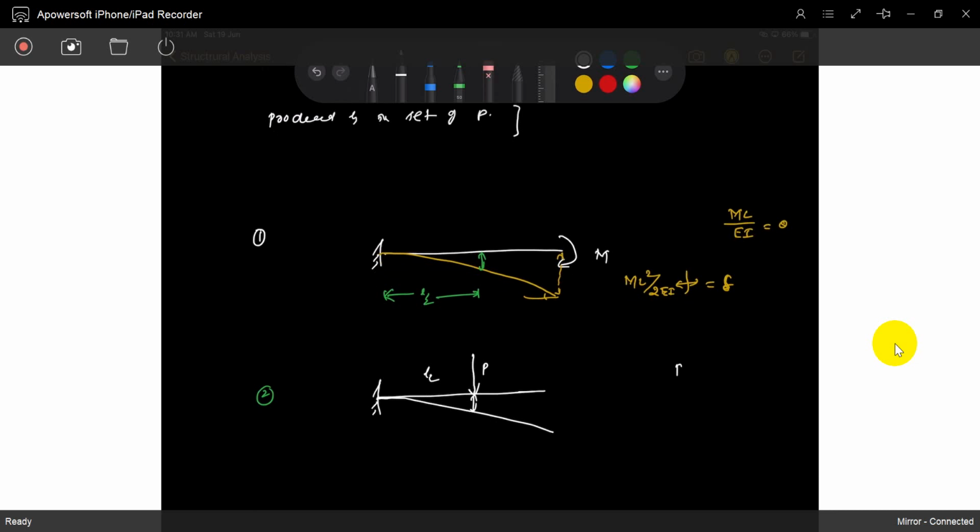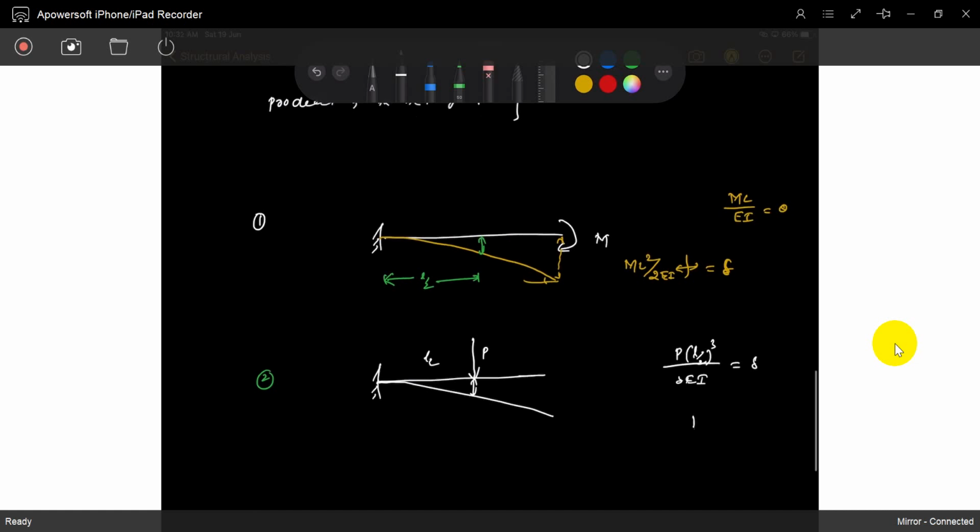PL cube by 3a, it is the deformation. What is the slope? P times L by 2 whole square by 2a. That is the slope. You know it.